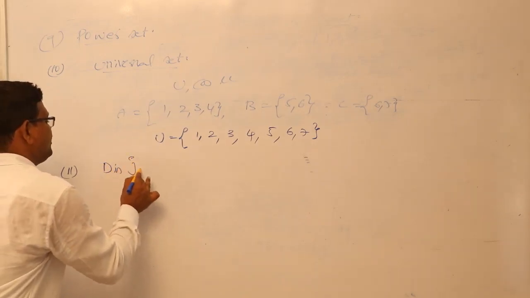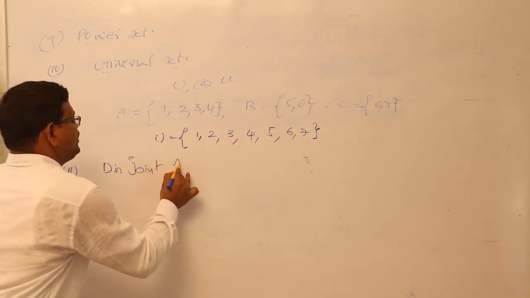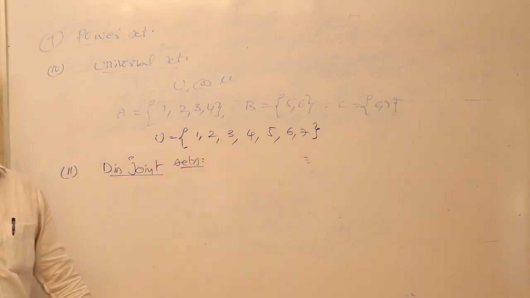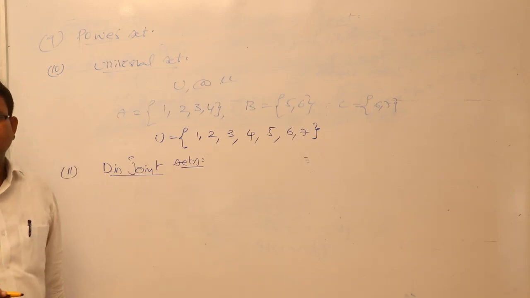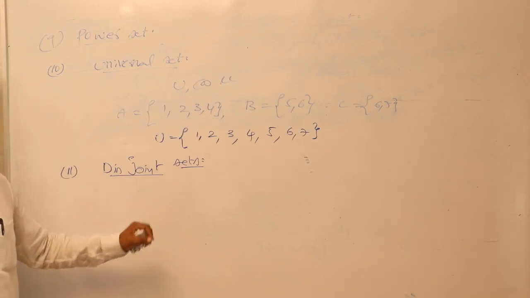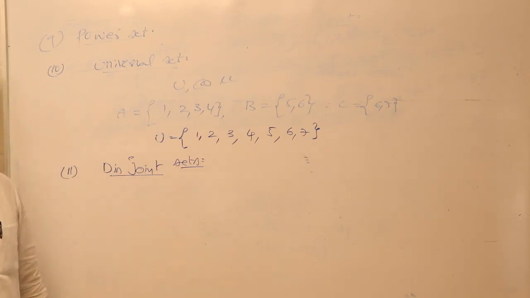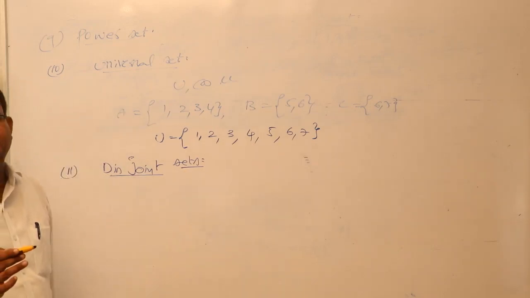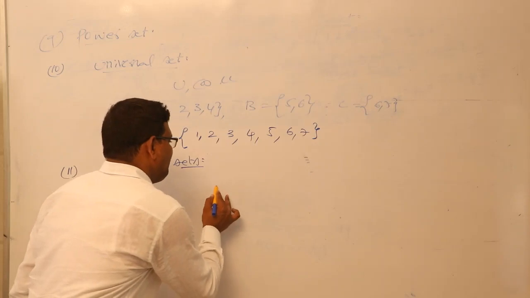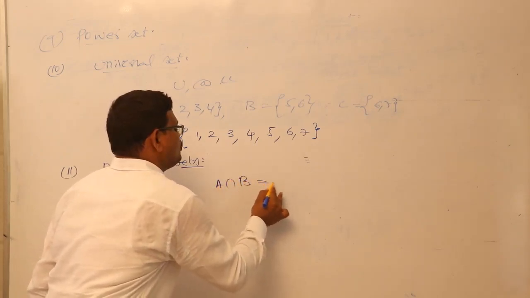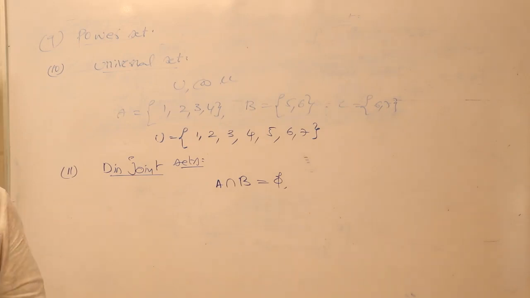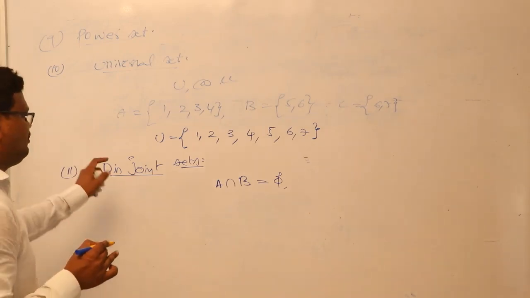If capital A and capital B are two sets which do not have any common elements or numbers, then these two sets are called disjoint sets. If A intersection B equals phi, then A and B are called disjoint sets.